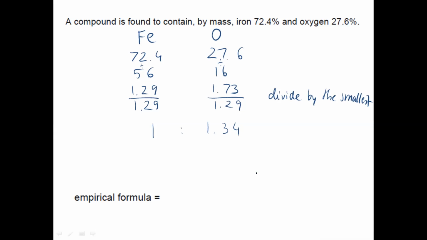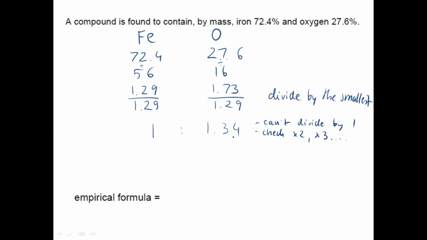So what I'm going to do now is multiply to see if that helps. If one of the numbers is 1, dividing by the smallest again is not going to work, because dividing by 1 just gives you the same thing. So what we do is check times 2, times 3, and so on, and see which one works.